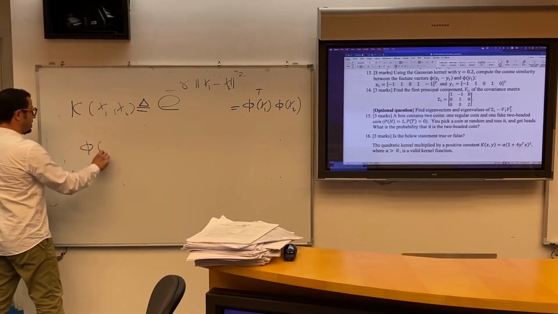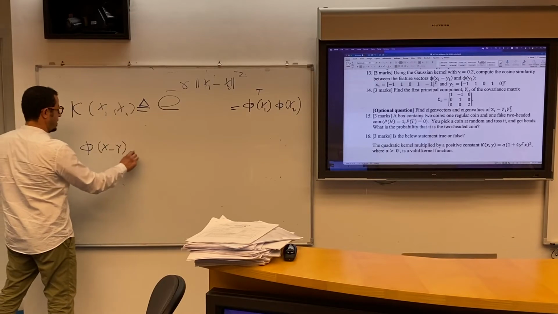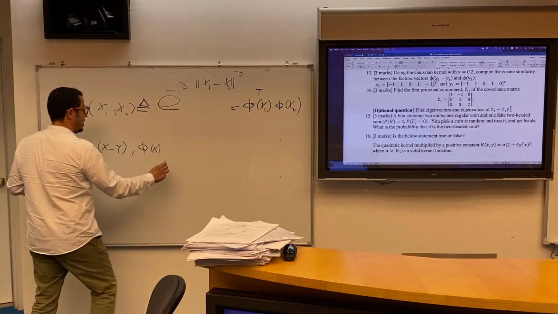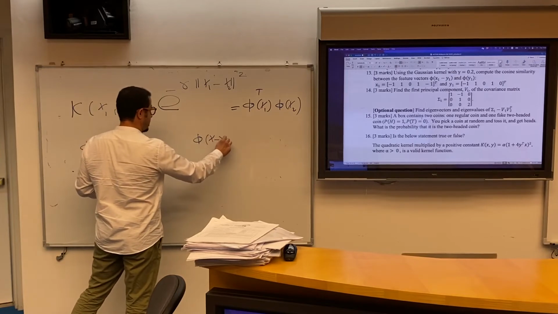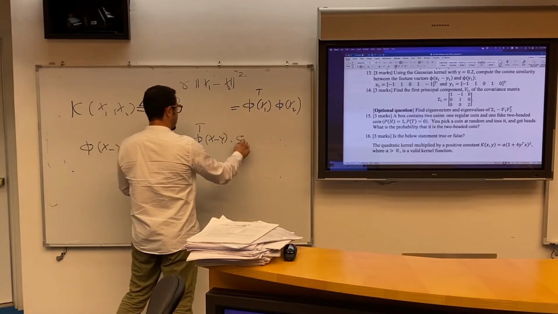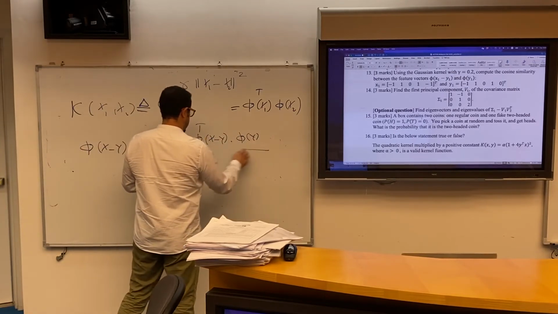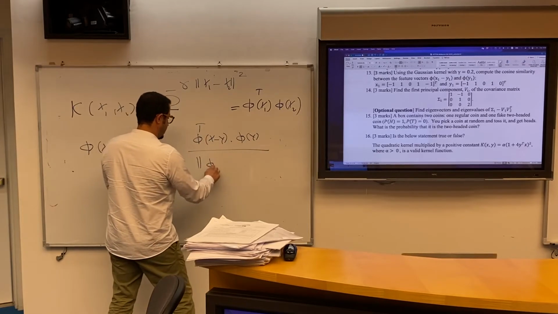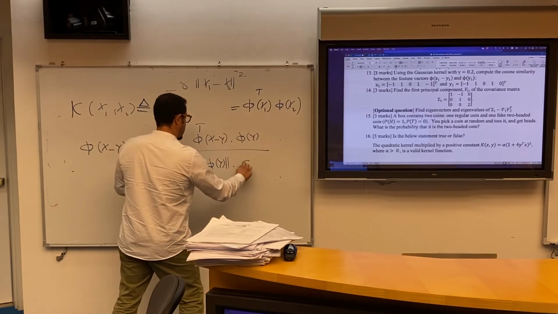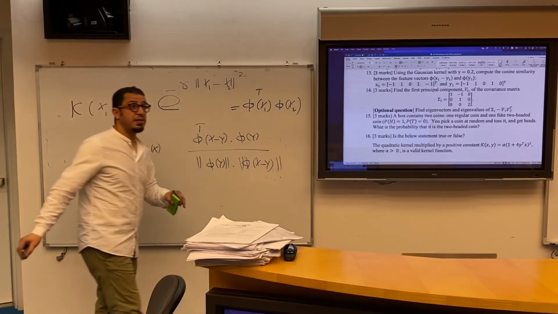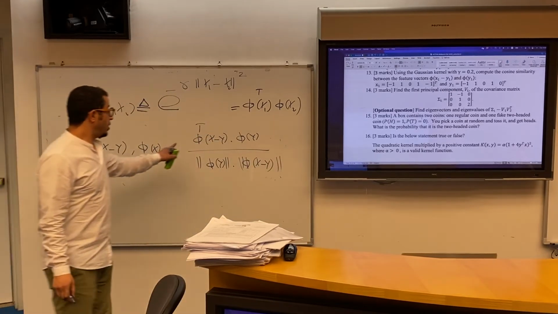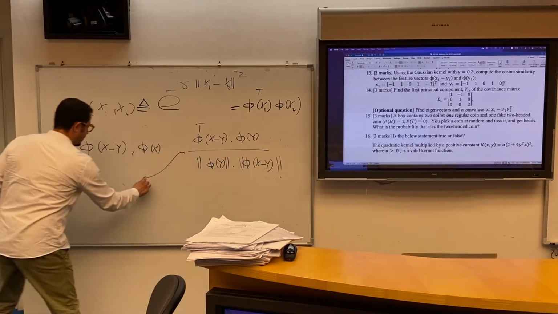What is the cosine of this one, please? I have phi of x minus y and phi of y, right? So the cosine is the inner product of phi, because it's a vector, right? Divided by the norm of the first and the norm of the second. Clear? Yes? What is this one here, please?